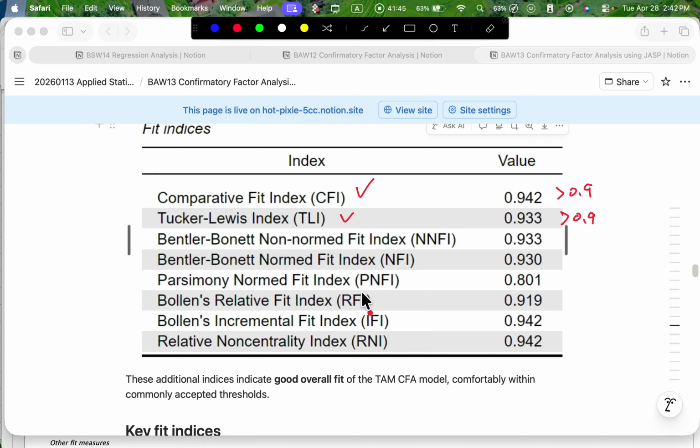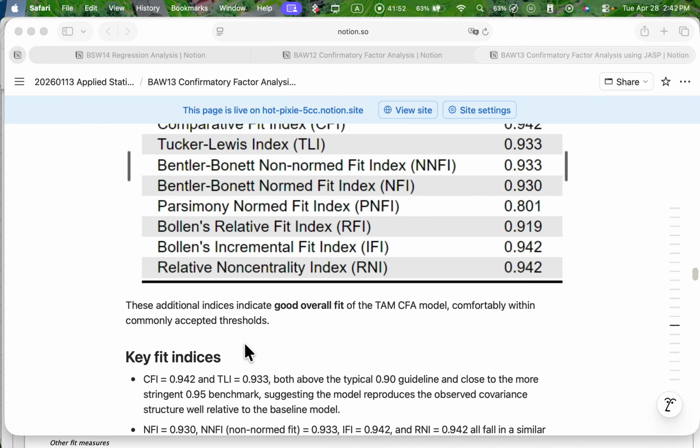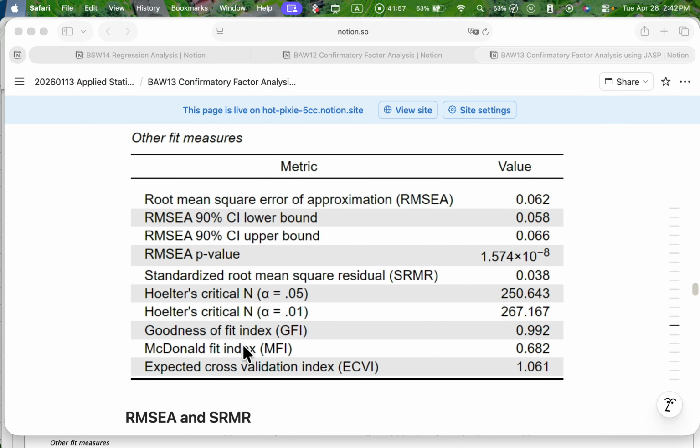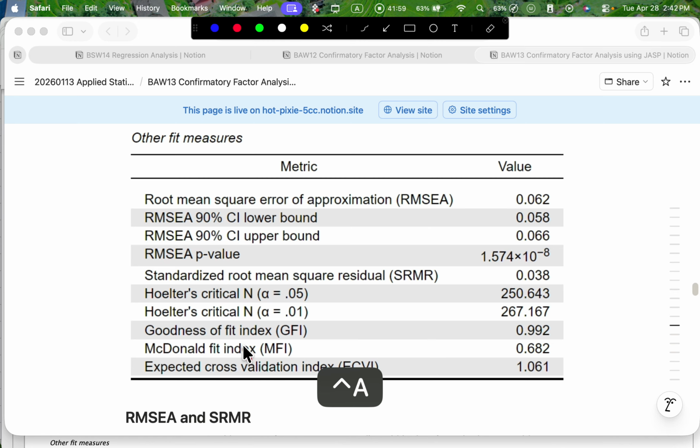And maybe this table just reports these two indexes, and we have another metric. Take a look at our metrics. We're looking for this one, SRMR, right? So we expect this one to be less than 0.06 or 0.08, right?